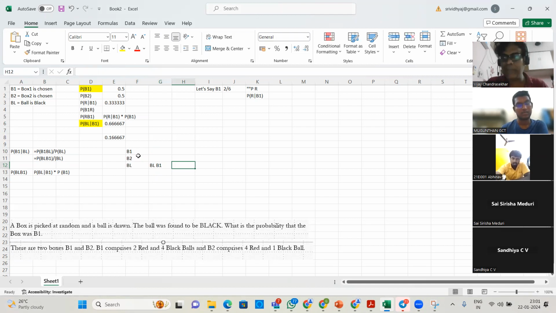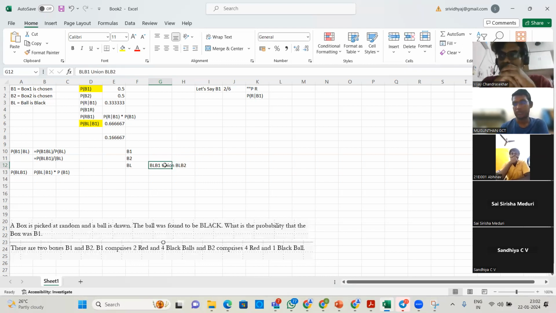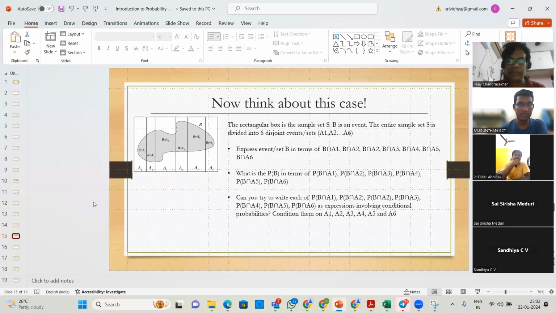When I say that, I mean intersection, of course. Can we write it that way? You can, right? It's something similar to what we did here, folks. No difference at all.